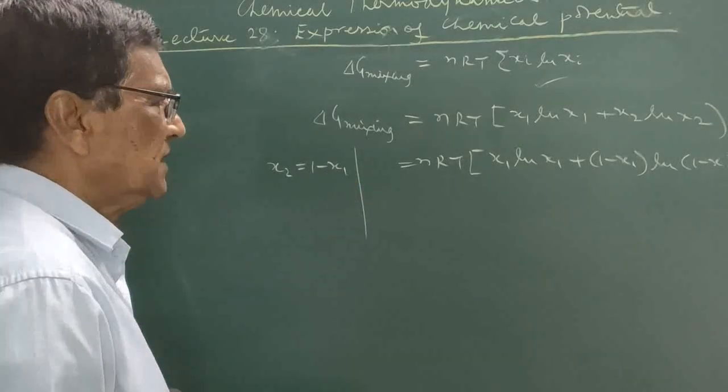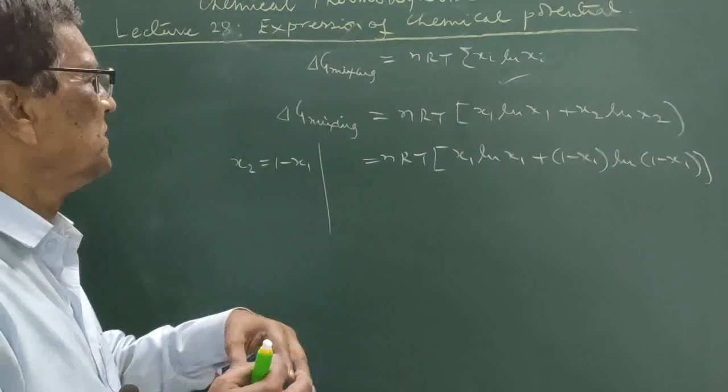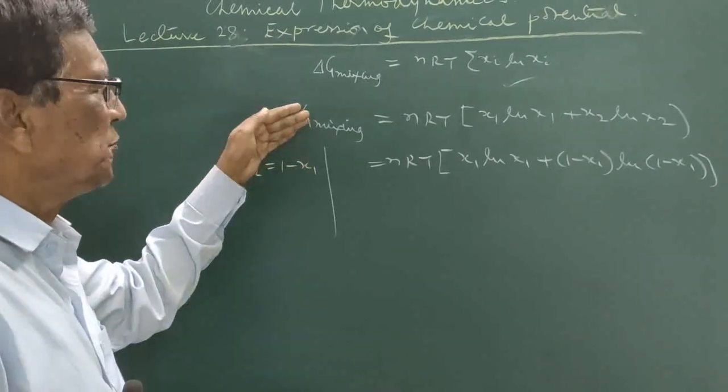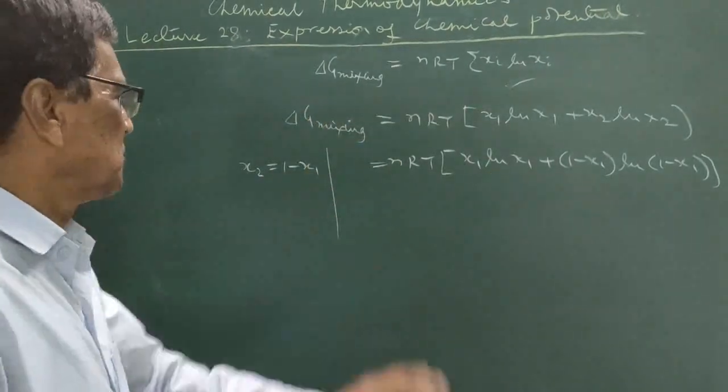To get this value of x1 at which delta G attains its minimum value, we shall have to differentiate this with respect to x1.